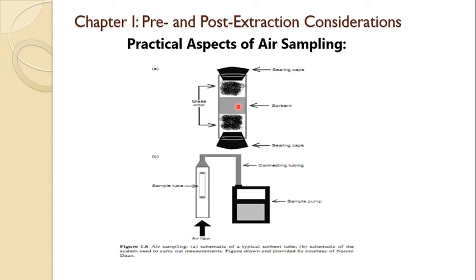In sorbent tube sampling, volatile and semi-volatile organic compounds are pumped from air and trapped on the surface of the sorbent. Quantitative sampling is possible by allowing a measured quantity of air to pass through the sorbent, and then the sorbent tube is sealed and transferred back to the laboratory for analysis.